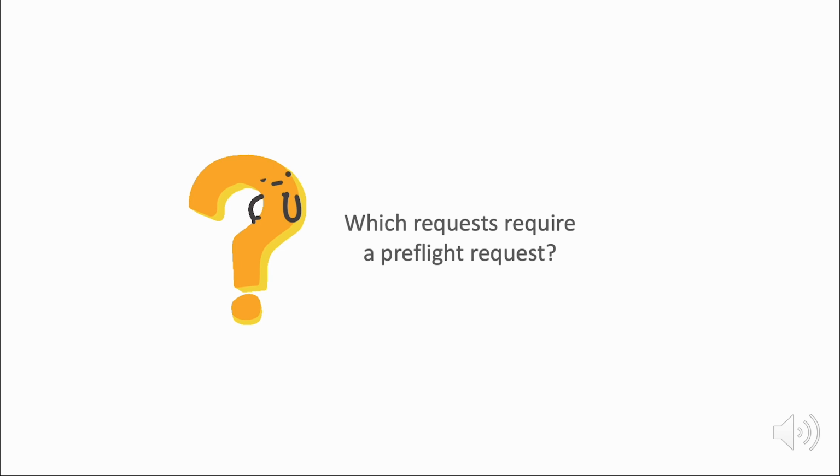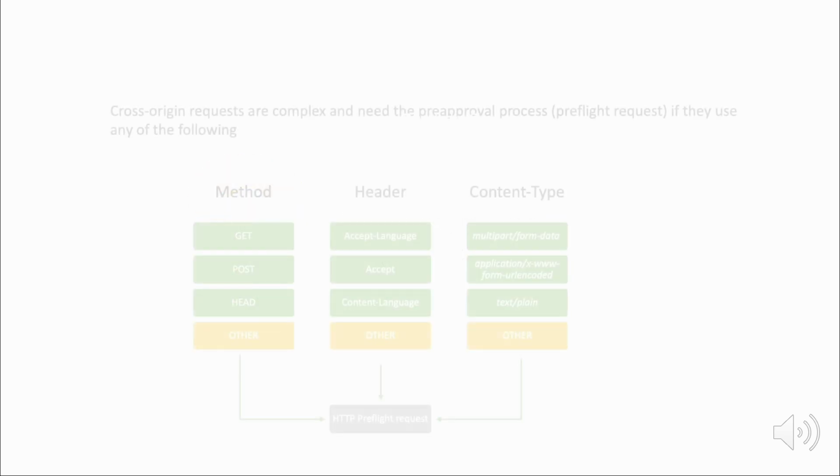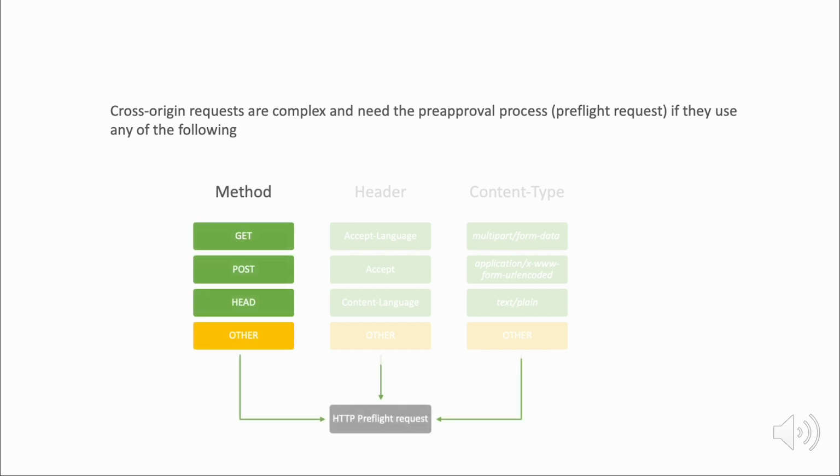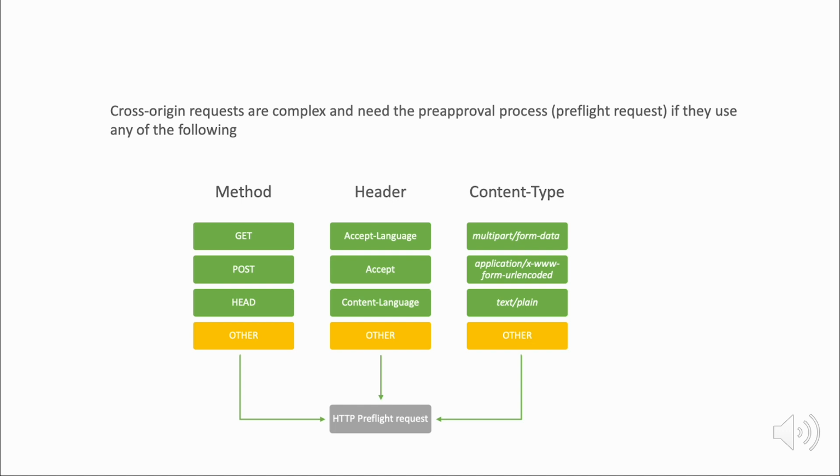However, some HTTP requests are considered complex and require server confirmation before the actual request is sent. Cross-origin requests are complex if they use any of the following: a method other than GET, POST, or HEAD; headers other than Accept, Accept-Language, or Content-Language; Content-Type headers other than multipart/form-data, application/x-www-form-urlencoded, or text/plain.